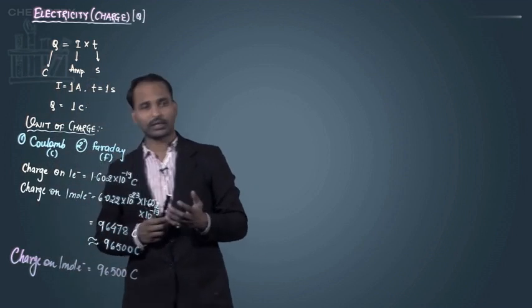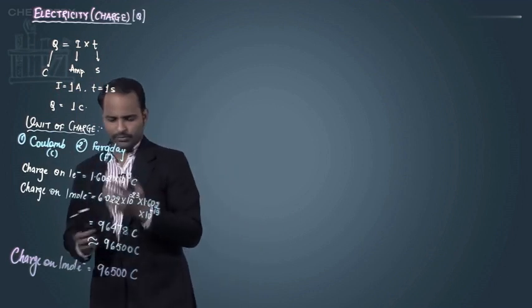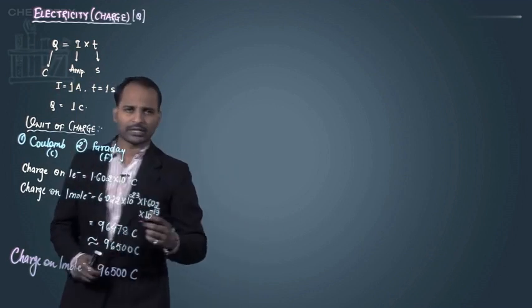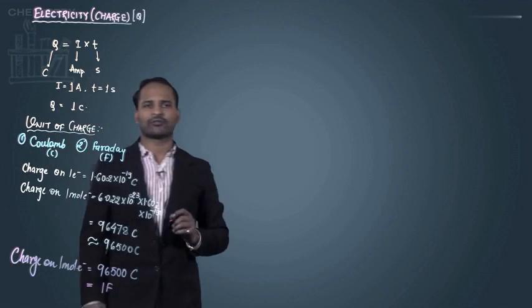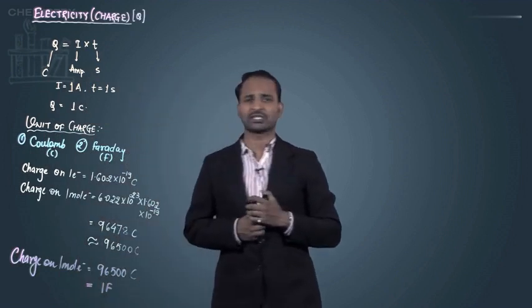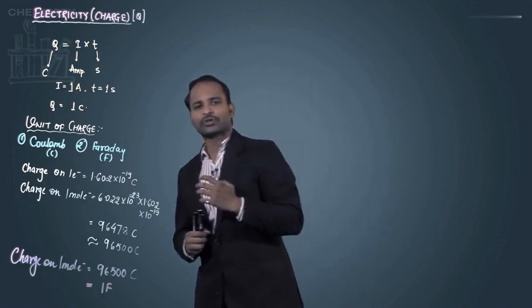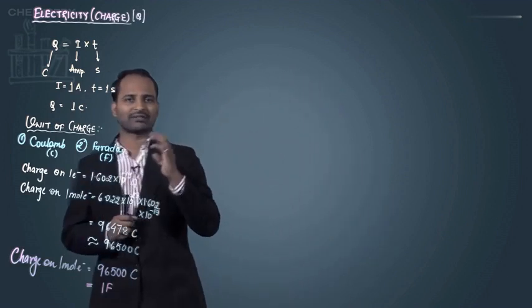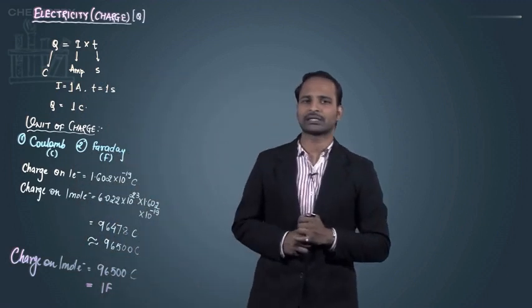This charge on 1 mole of electrons, 96,500 coulombs, is represented by 1 Faraday. 1 Faraday is nothing but 96,500 coulombs of electricity, which is equivalent to the charge on 1 mole of electrons. If the question is how much electricity is required for the transfer of 1 mole of electrons, then simply the answer is 1 Faraday.